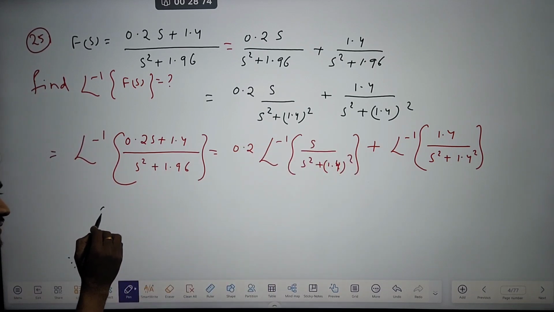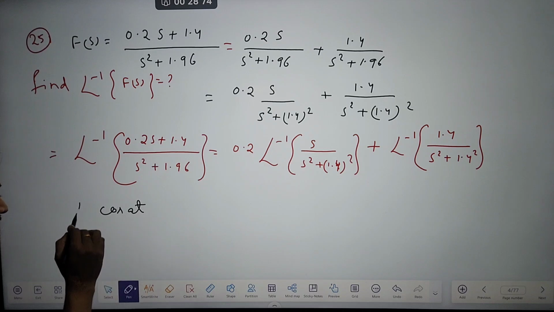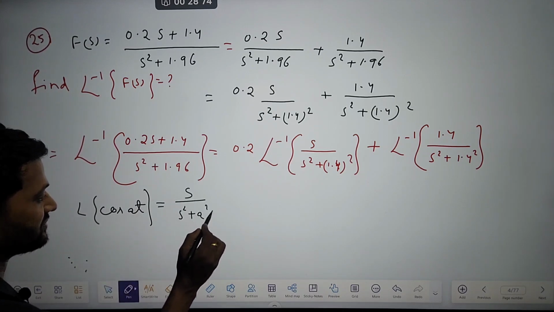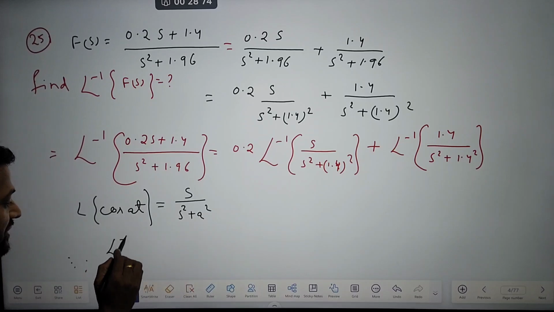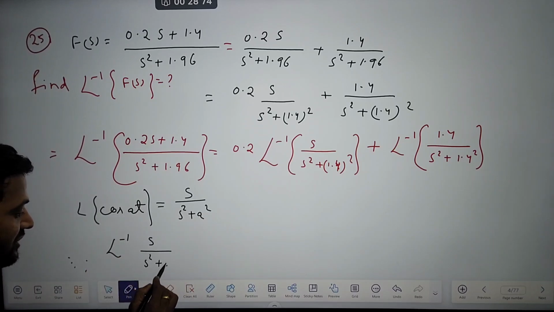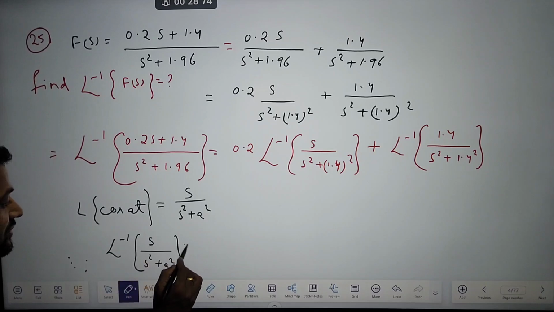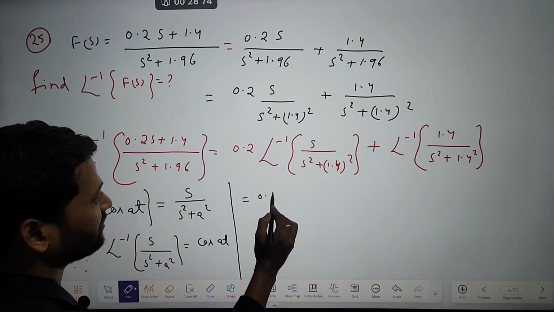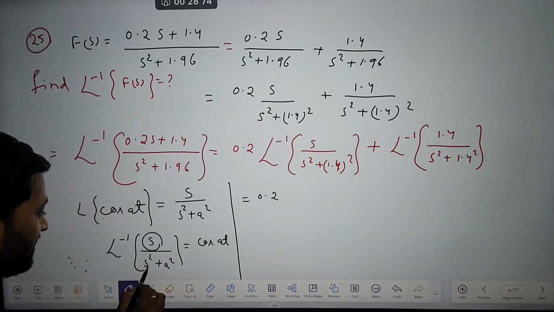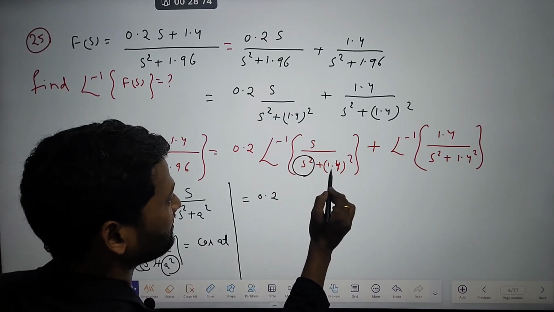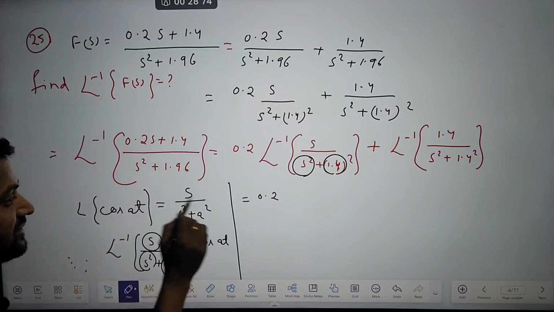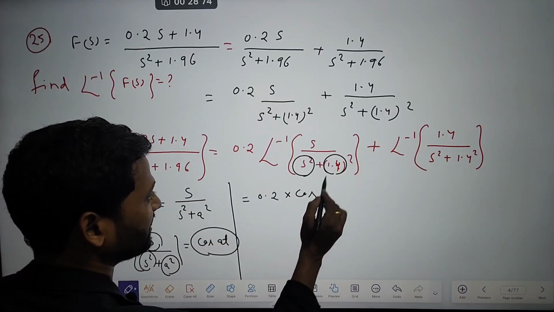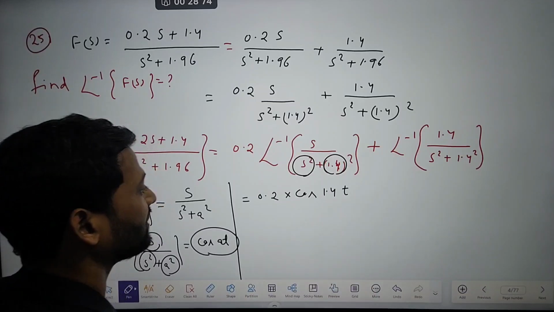How? You know Laplace of cos at is s by s square plus a square, so Laplace inverse of s by s square plus a square will be cos at. Same thing we apply here. 0.2 is a constant. Here a square is 1.4 square, so the final answer is 0.2 cos 1.4t. Cos of a, where a is 1.4. This is your answer.